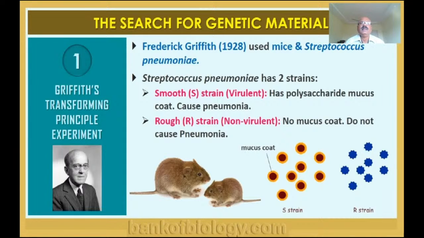Griffith used mice and Streptococcus pneumoniae, which is a bacteria. Mice is a mammal. Streptococcus pneumoniae has two strains, that means two different varieties of bacteria. One is the smooth strain, called virulent, which has a polysaccharide mucus coat and causes pneumonia disease.